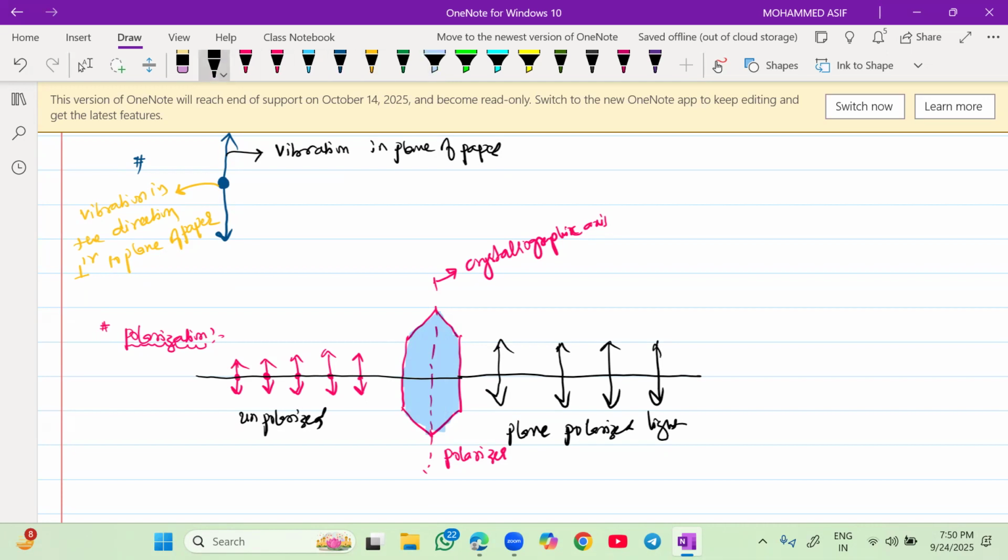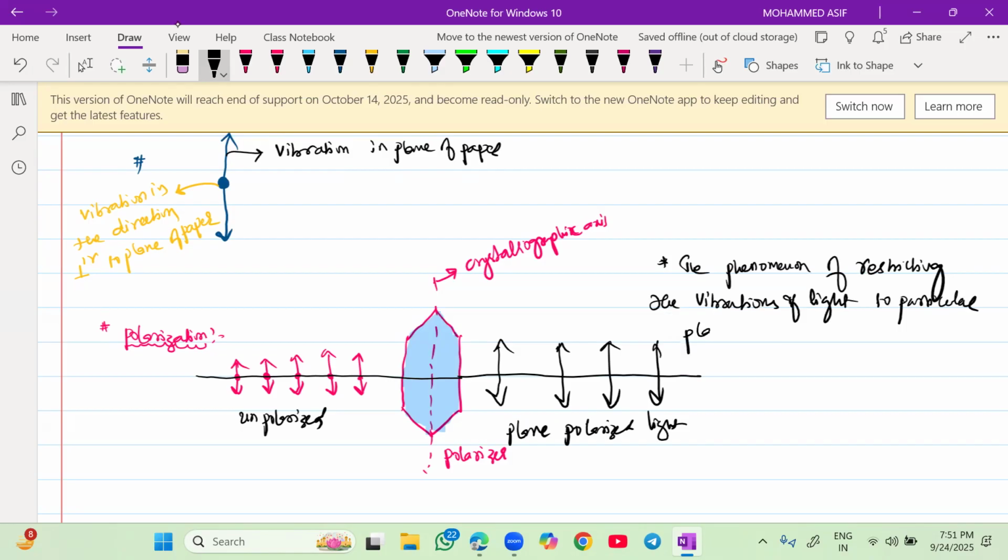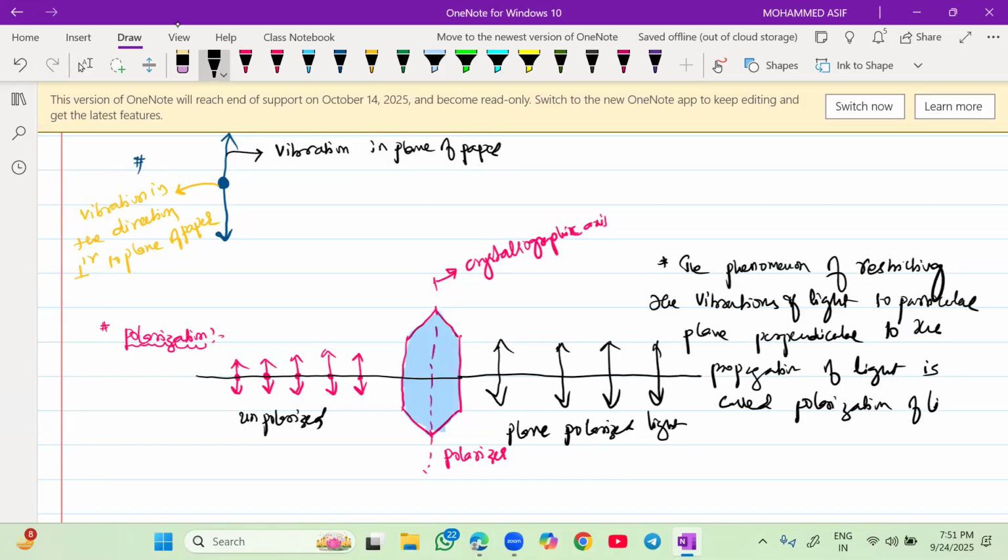Can I write the definition here now, beta? The definition says that the phenomenon of restricting the vibrations of light to a particular plane which is perpendicular to the propagation of light is called polarization of light.